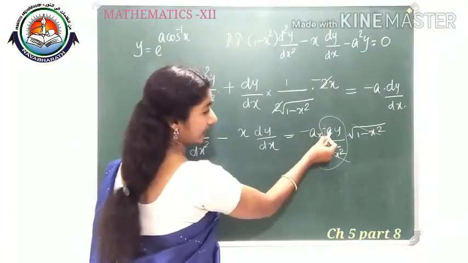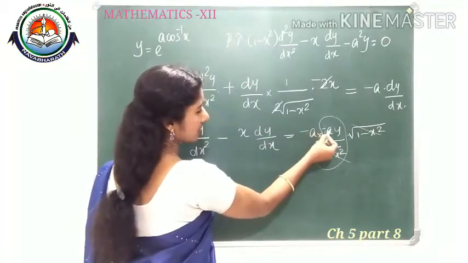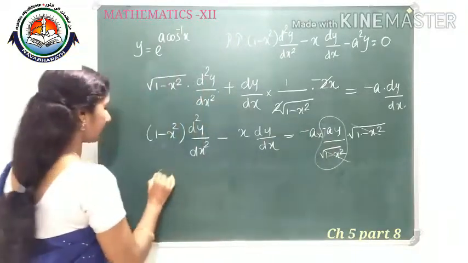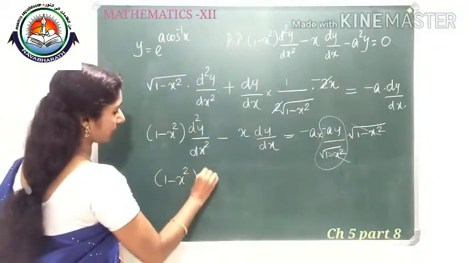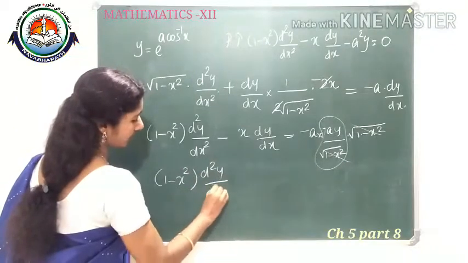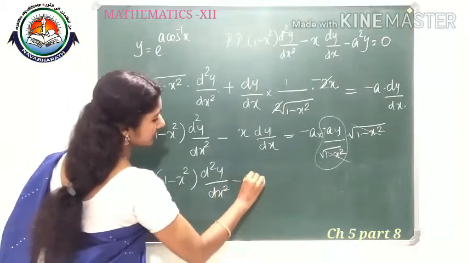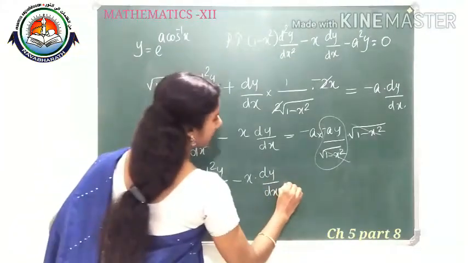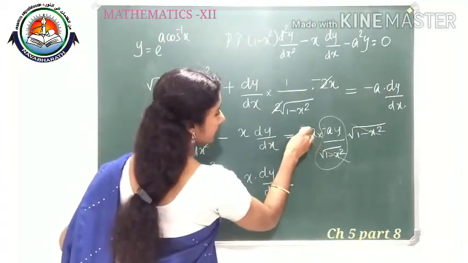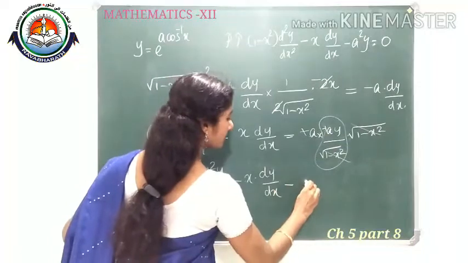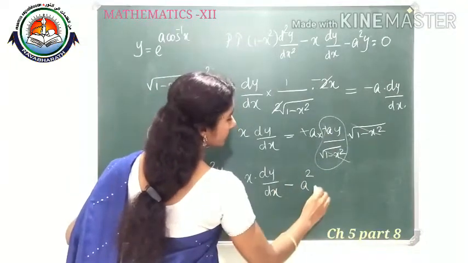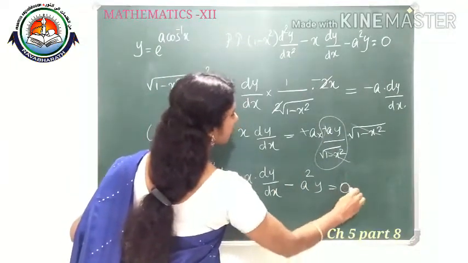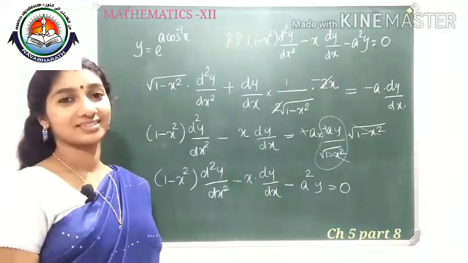A into a, a square, it is positive. So take to left side. So what will come? 1 minus x square into d2y by dx2, minus x into dy by dx, minus, see, minus becomes plus. So it is coming to left side, it will come again minus a square y equal to 0. See, we got the result.